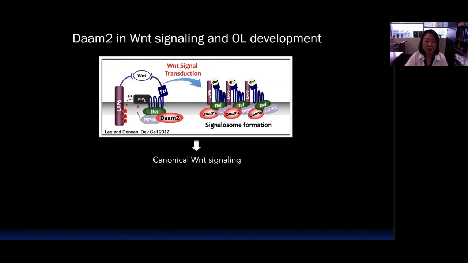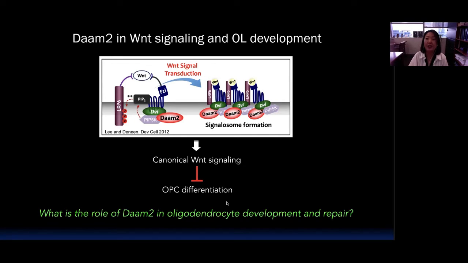With early-stage work in my postdoc using the chick spinal cord, which I didn't bring here, long story short, what does DAAM2 do? It assembles the Wnt receptor complex and amplifies Wnt signaling. This is all we know about DAAM2 function in early chick spinal cord development. Basically, DAAM2 is a positive canonical Wnt regulator. And as I mentioned, Wnt signaling is inhibitory for oligodendrocyte differentiation. So the natural next question is, what is the DAAM2 function in oligodendrocyte development and the repair process?